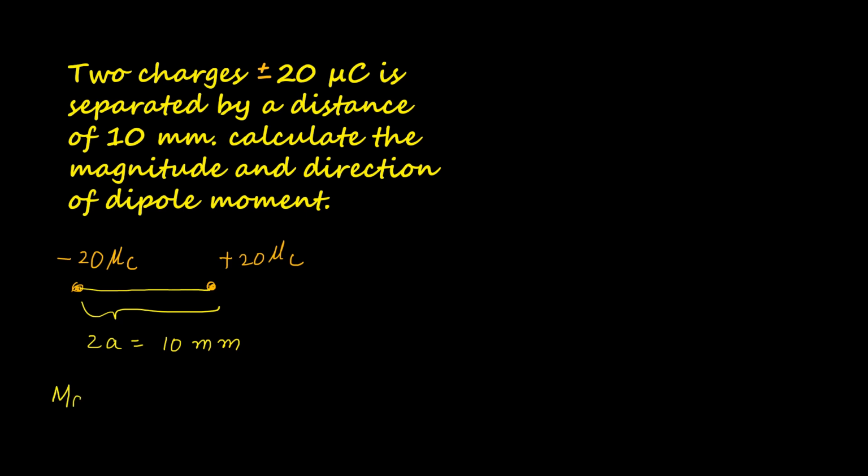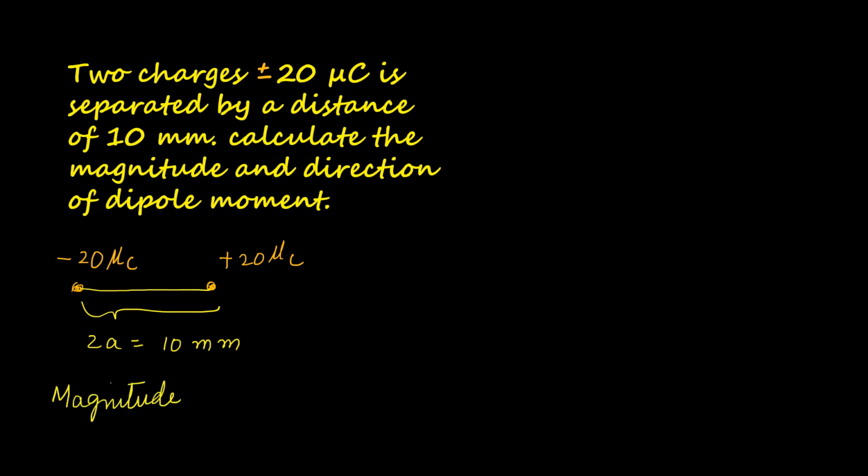Representing the data given in the form of a picture will fetch you some marks. This is the negative charge, negative 20 microcoulomb. This is the positive charge, 20 microcoulomb. The distance from the center of one charge to the center of the other charge is 2a, and it is equal to 10 millimeter. List down the data given.